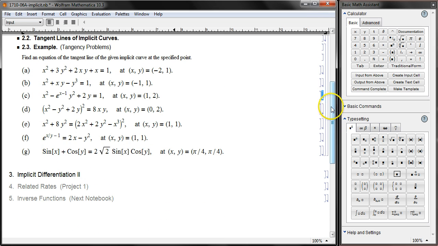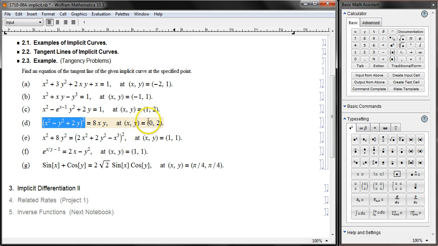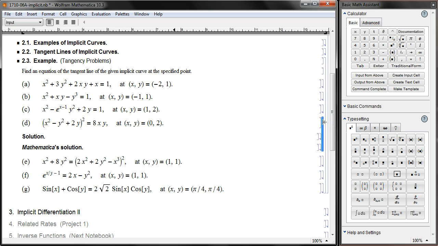Another problem before the end of this video. Let's go with this problem. Now, the left-hand side is a little bit more challenging. You're taking the derivative, and you'll have to use the chain rule. 2 comes out, and then the inside stays the same, and then multiply the derivative of the inside. Okay, here we go.